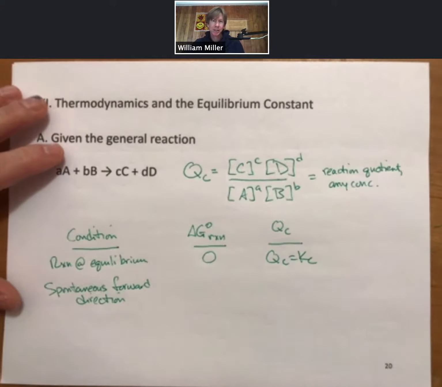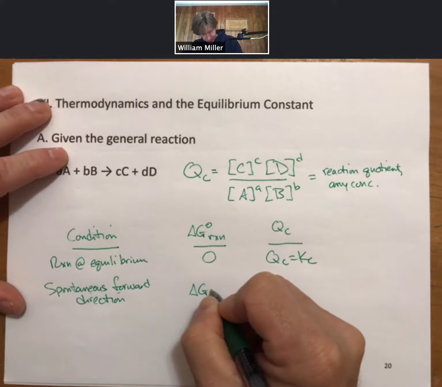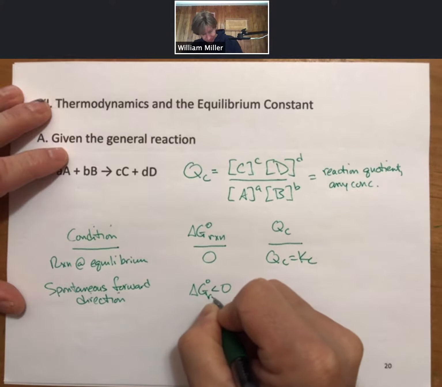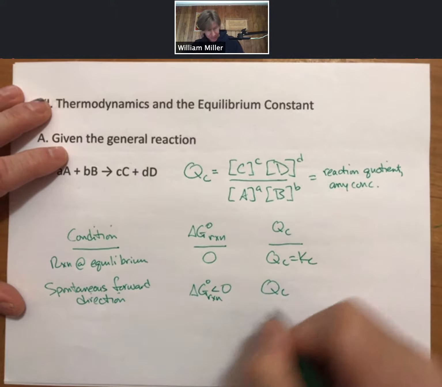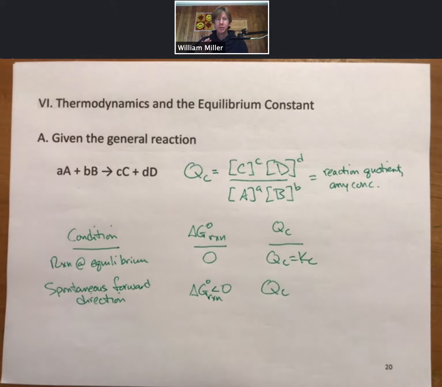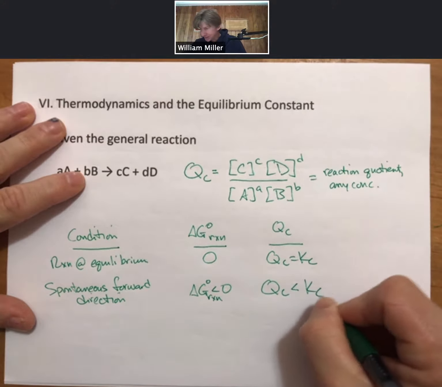Now, if a reaction is spontaneous in the forward direction, we know that delta G is negative, so delta G is less than 0. And we know that QC, to have the reaction going in the forward direction, has to be less than Kc.